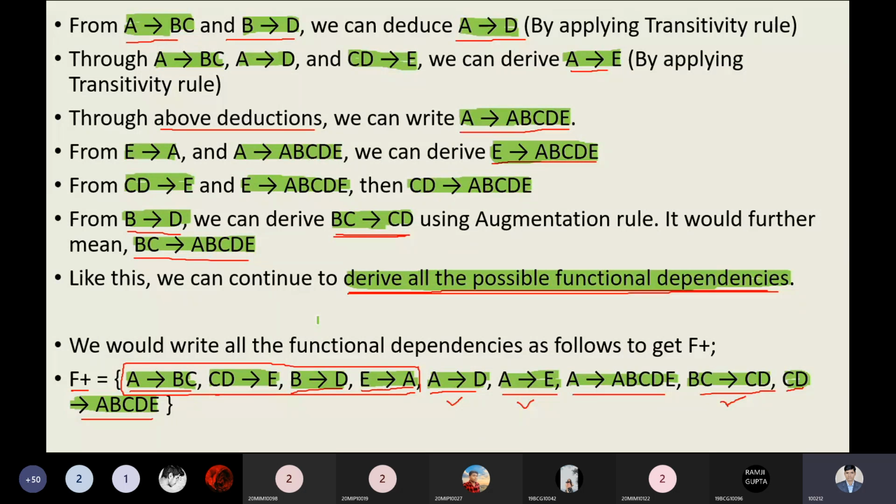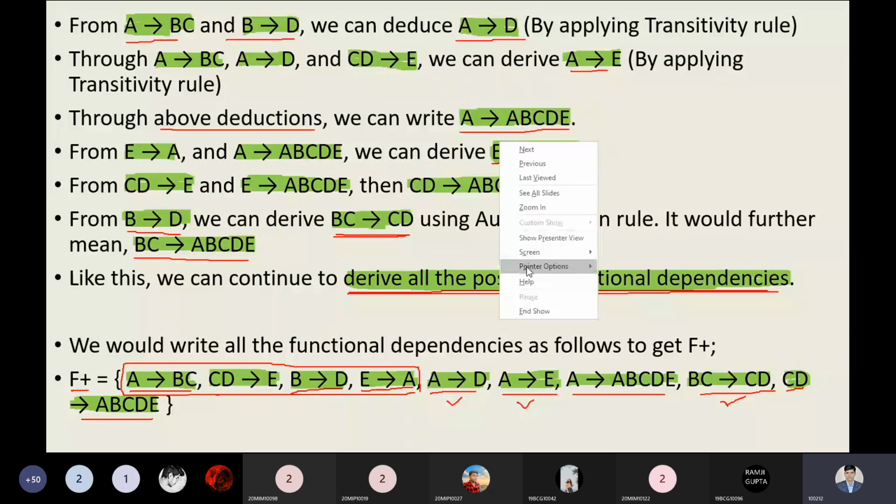If you are writing A determinant to AB, A determinant to AC, you are not required to use all these things again, because you are on the right track.